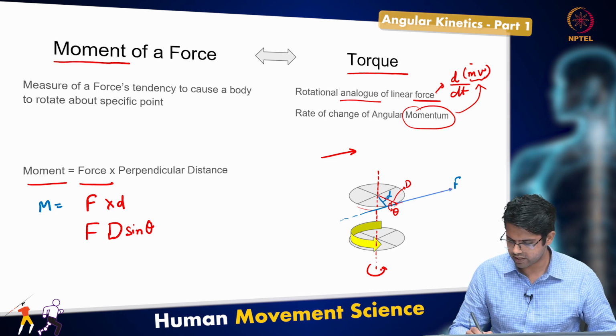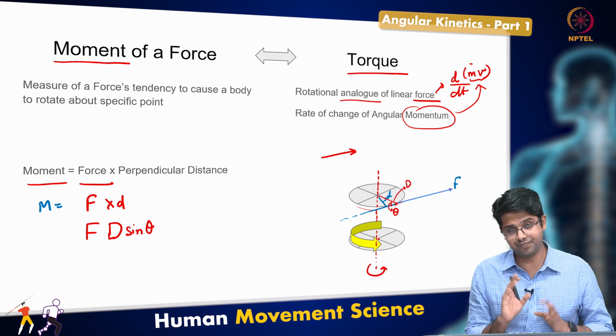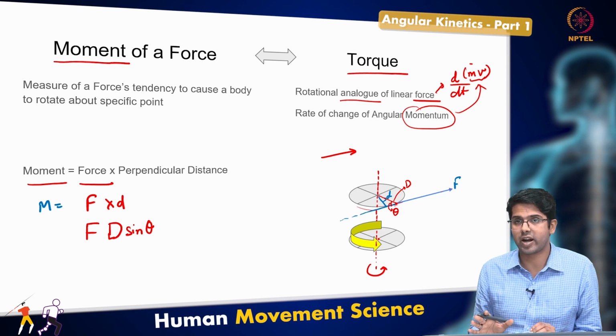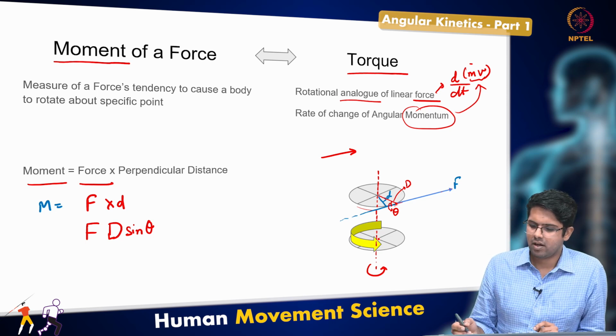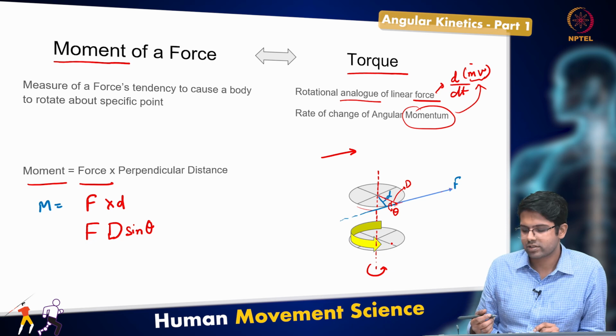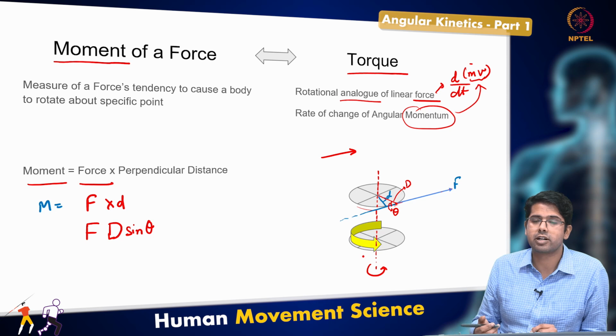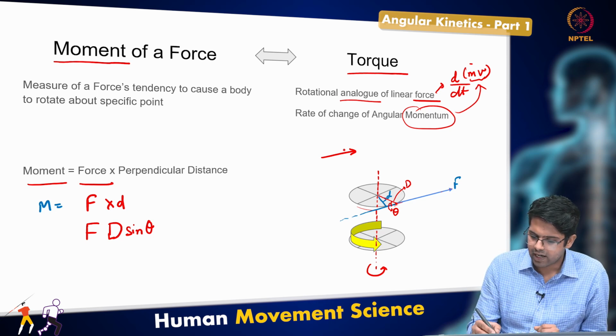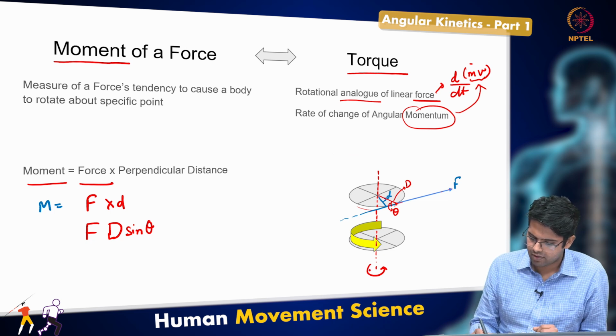So force in the twisting direction, and I'm using that term very loosely right now, cannot really be represented by a linear vector. So for that, we have what is called torque.